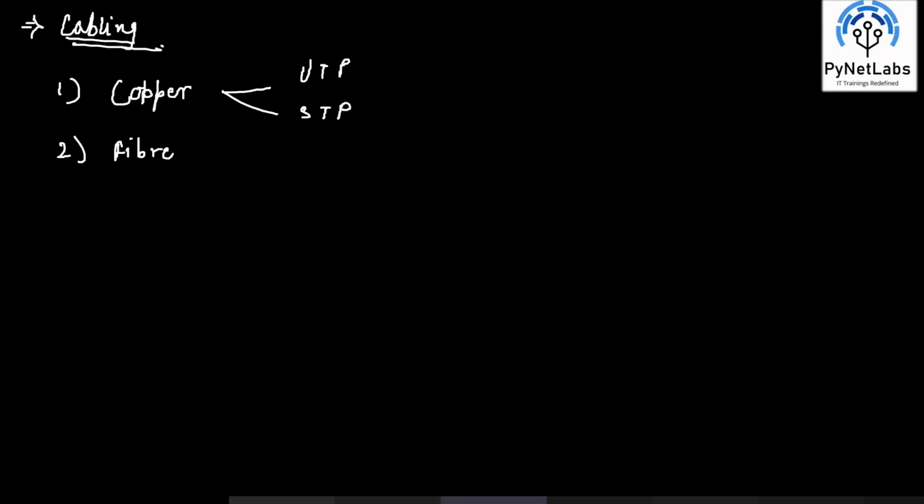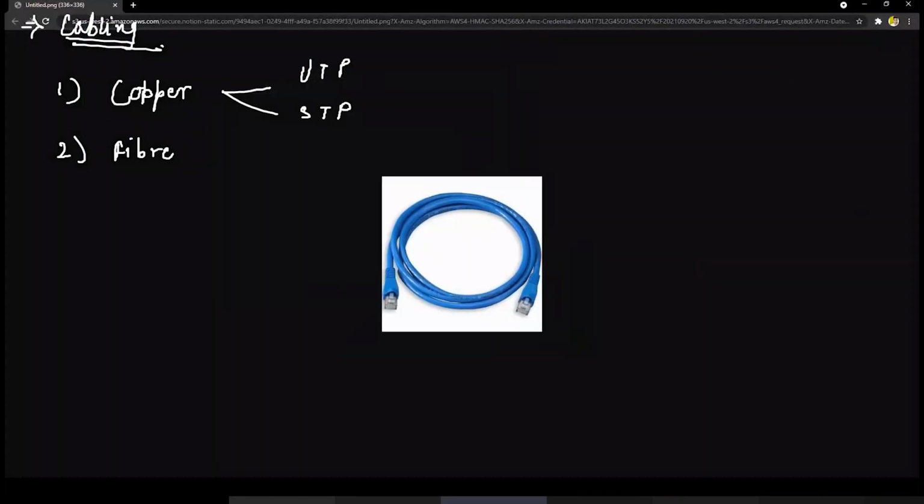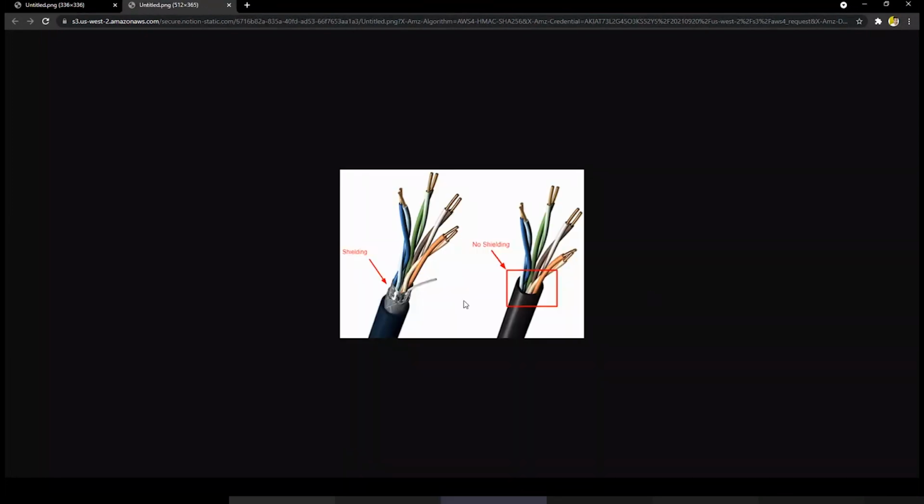Let me just show you some images so that you can understand this. So this is a picture of an Ethernet cable, and this is the cable most used in the networking field. Then we have shielded and unshielded twisted pair cables, which I just mentioned.